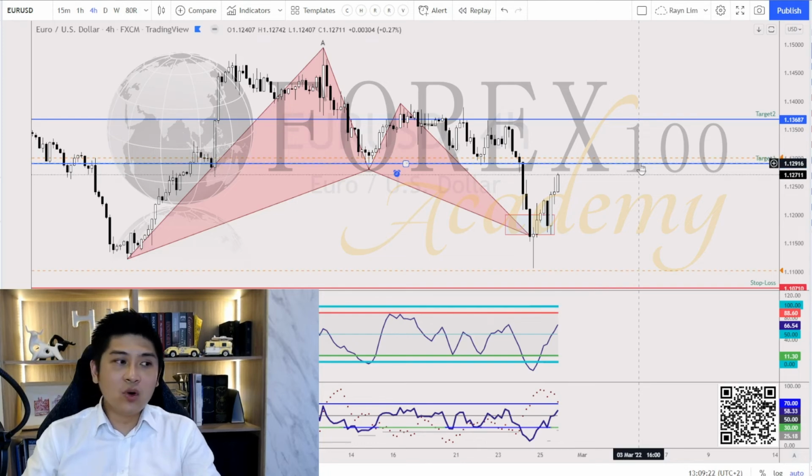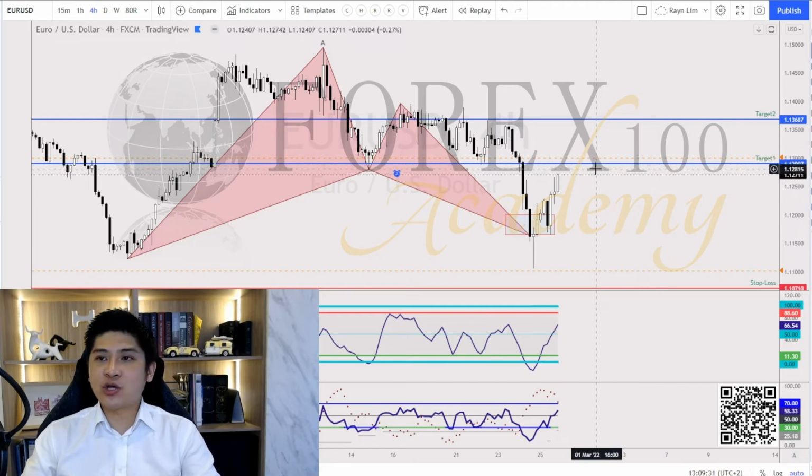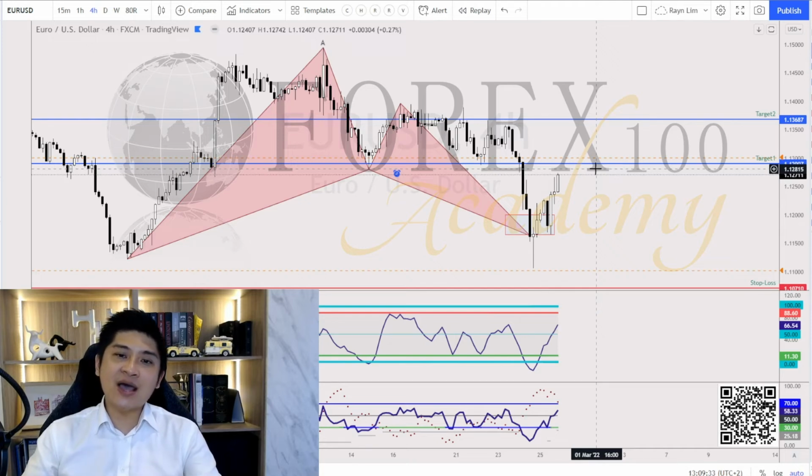And typically most of the harmonic pattern traders, what they will be doing is, once target 1 has been achieved, a portion of their trade has been exited. For myself, I exit the minimum, which is 33% of my entire trading position. Most traders exit more, because of the thought that target 1 will have a higher hit rate than target 2. That's pretty much trader common sense, okay?